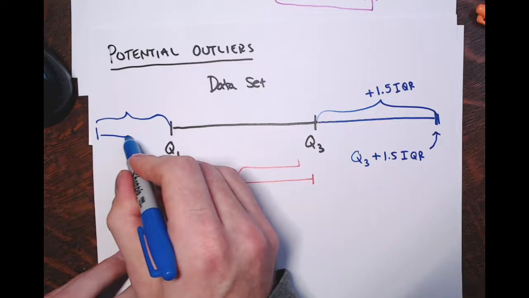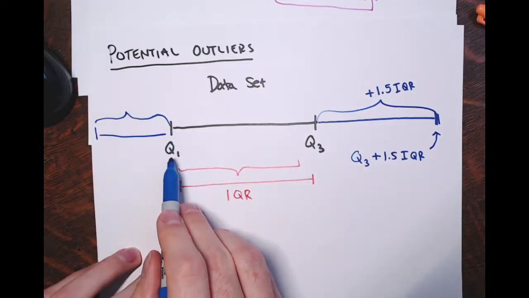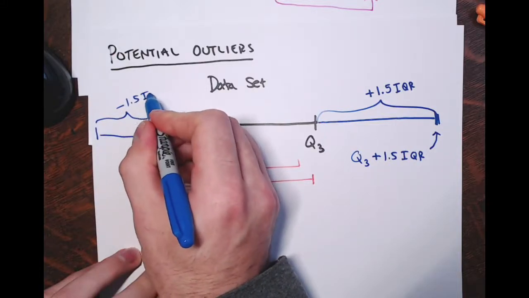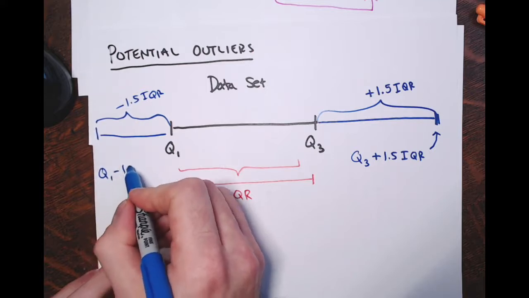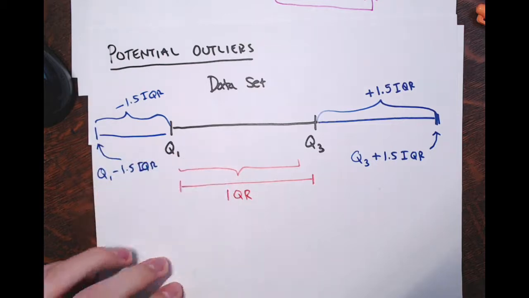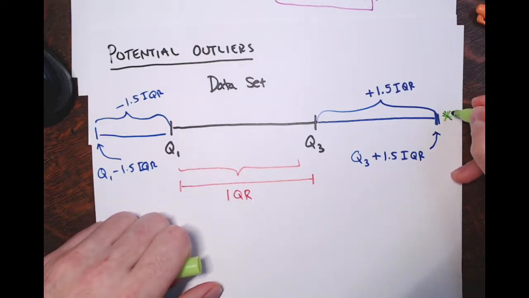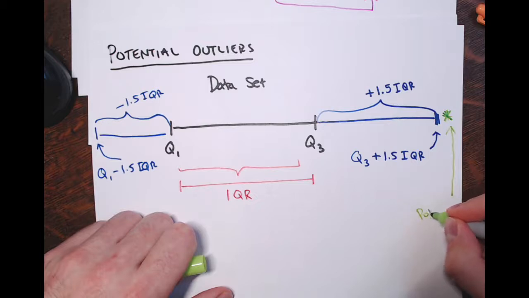Take Q1, the first quartile, and subtract 1.5 interquartile ranges. So we have Q1 minus 1.5 IQR over here. Anything outside this could be what we'll consider an outlier.